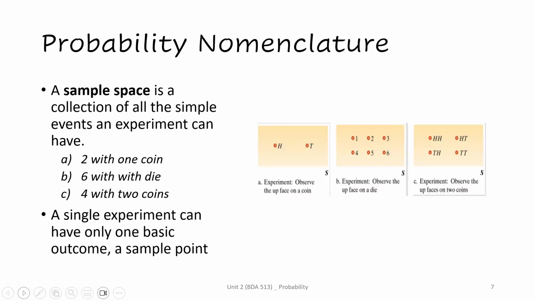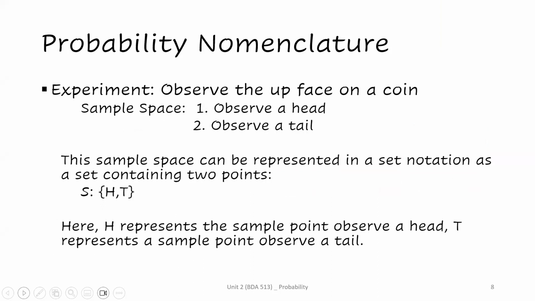In a situation where we are talking about a die, you know a die has 6 sides. Here, the experiment will involve observing the face on a particular die. And then you will have 2 coins, which we've spoken about already. So we have a sample space, we have an experiment.